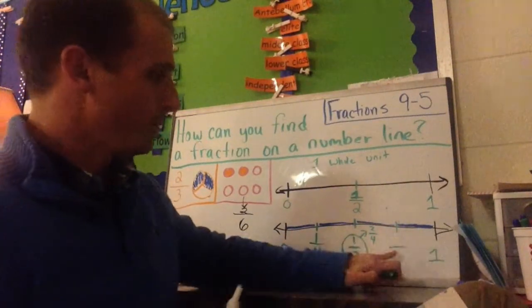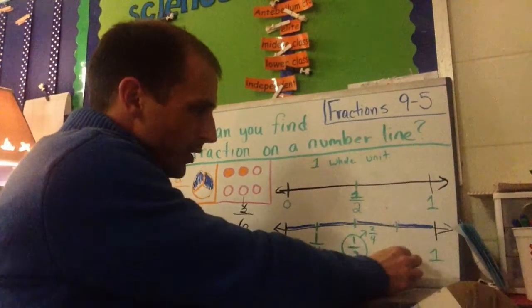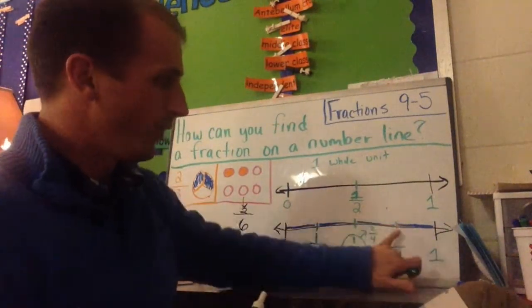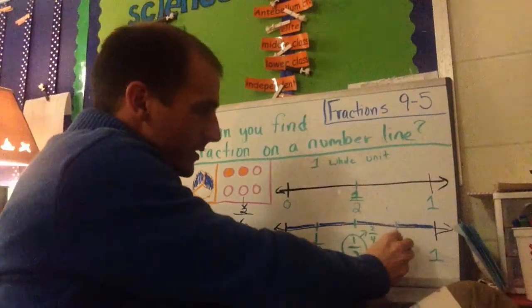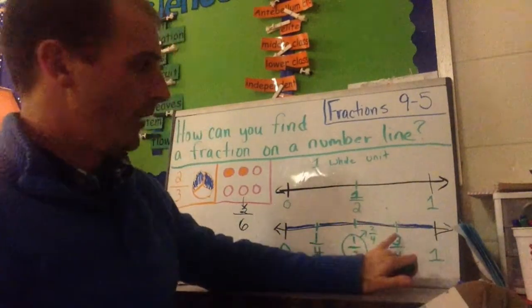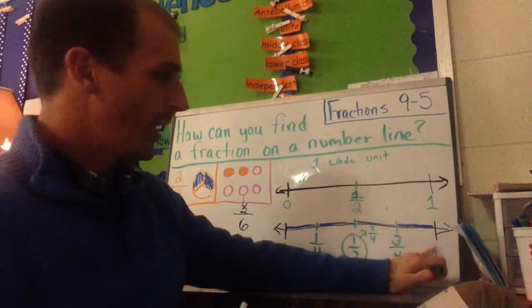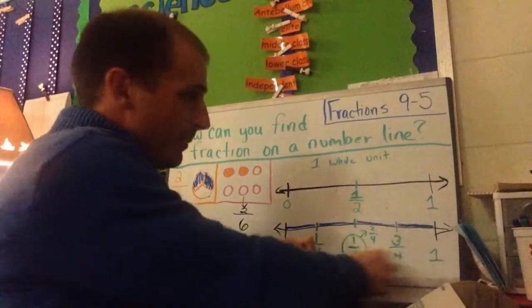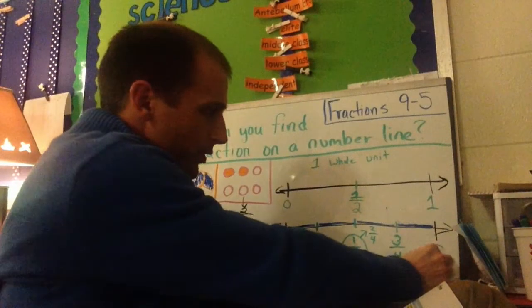And so this next one, we've divided into 4 parts. This one's also going to be 4, because this is 1, 2, 3, 4. This is our third piece of our 4 pieces. And then our last one we have is 1 whole unit, but there's another way of saying 1 whole unit. How many pieces do we have? I'm going to circle 1 here.